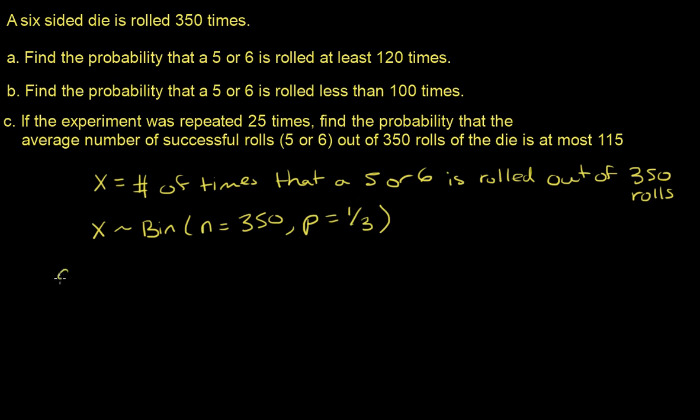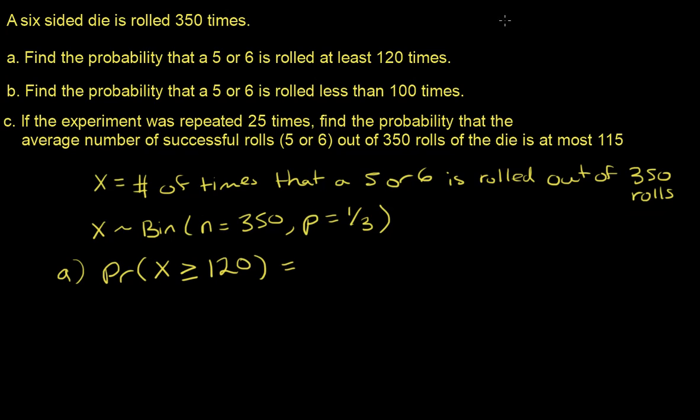Okay, so now if we're trying to find the probability for part A that x is greater than or equal to 120. Okay, so I have 120 successes or more. Now, before we had the normal approximation, we could have solved this using the probability mass function for the binomial, right?